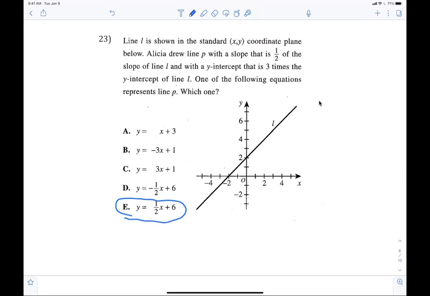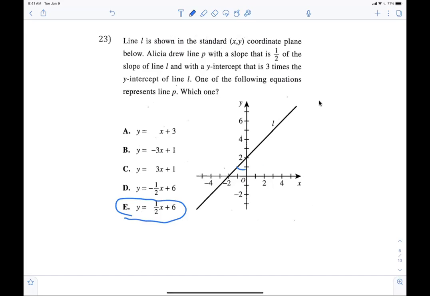Explain to me what it means when it says y-intercept. It says the y-intercept is 3 times the y-intercept of L. So what's the y-intercept of L? Come on, where does it cross the y-axis? 2. There you go. That's all that means.